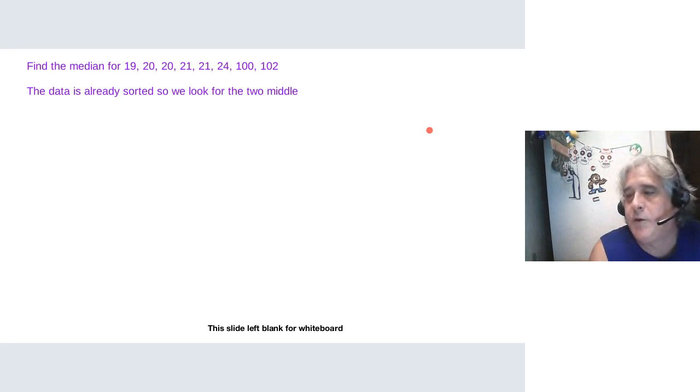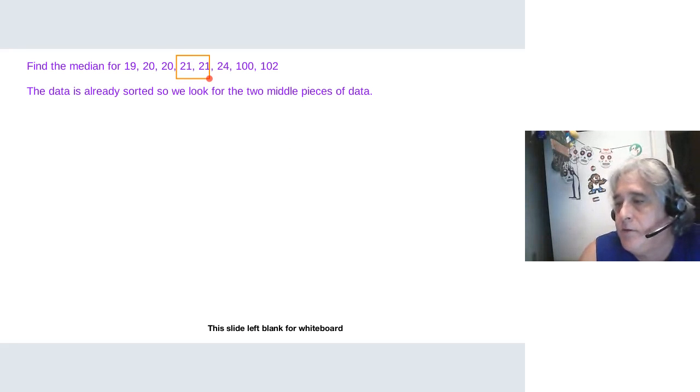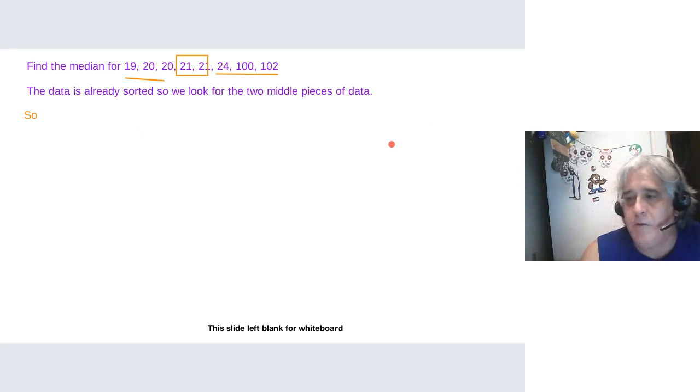So we're going to look for the 2 middle pieces of data. It's not just one that's in the middle when it's even. There's 2 pieces. So say when you do that, there's 3 on either side.